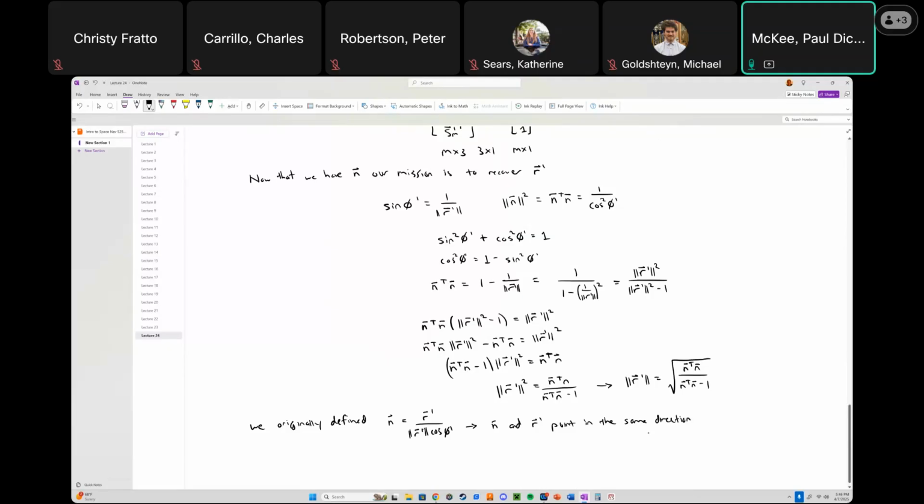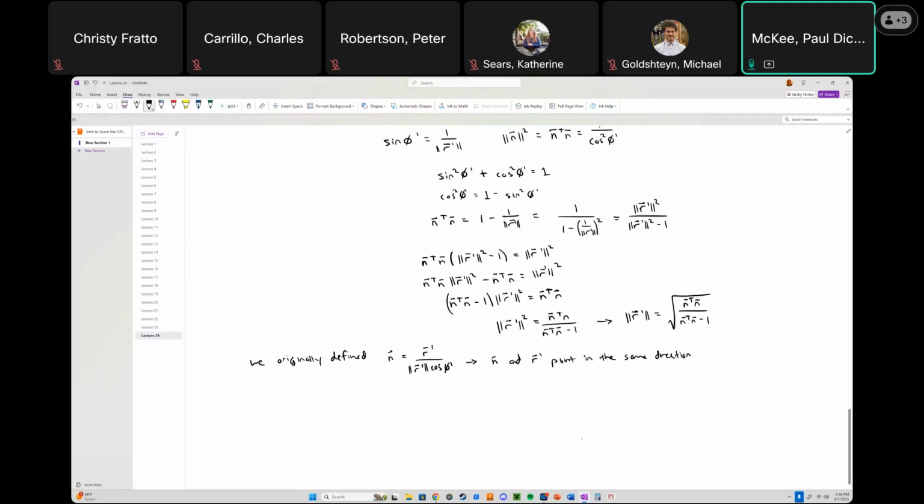They're literally the same vector, just scaled differently. So by that same token, n over the norm of n is r prime over the norm of r prime. Or we could say that r prime is the norm of r prime n over the norm of n.